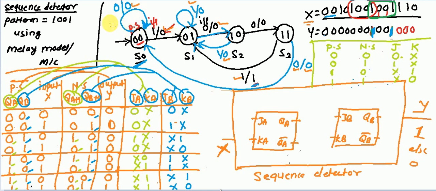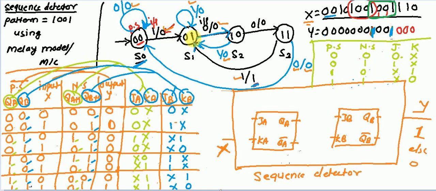Okay, so first of all you have to start from the state S0. Initial state is labeled as S0 and its binary representation is 00. 00 state with input 1 reaching to the state 01, generating the output 0. Each transition is associated with input output combination.